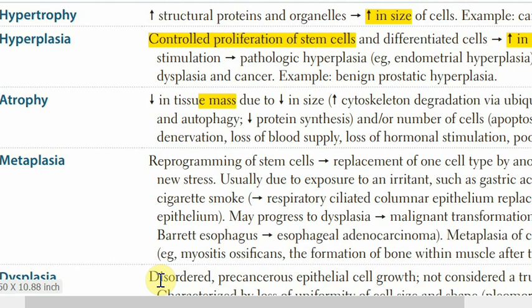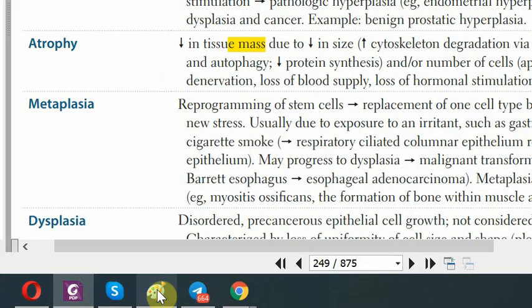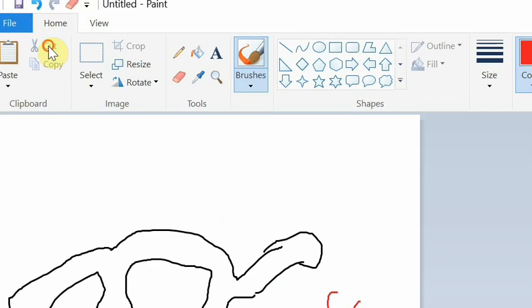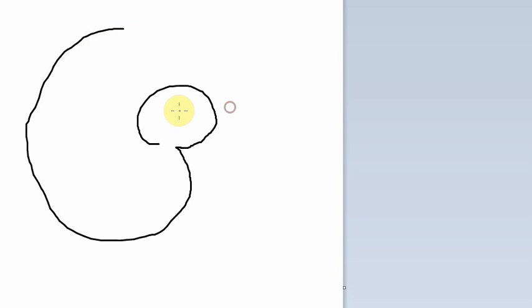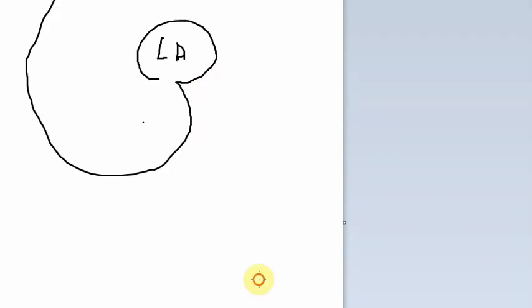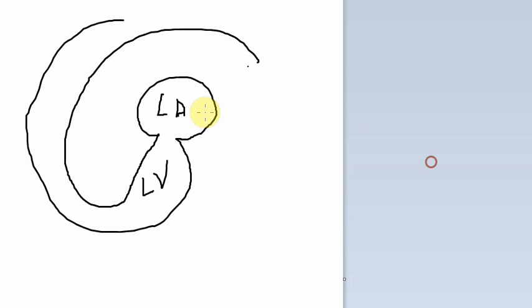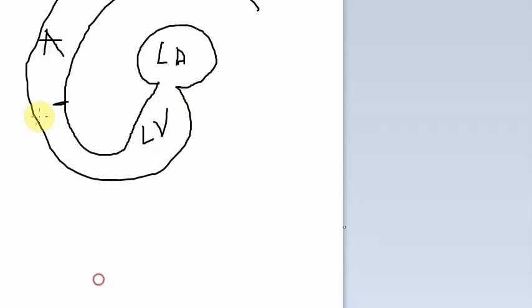For example, someone who has hypertension. So let's imagine this really quick. If someone has hypertension, I hope you understand my drawing. This is the left atrium, this is the left ventricle, this is the mitral valve, and here we go to the aorta. So left ventricle and aorta. And here we have the aortic valve.